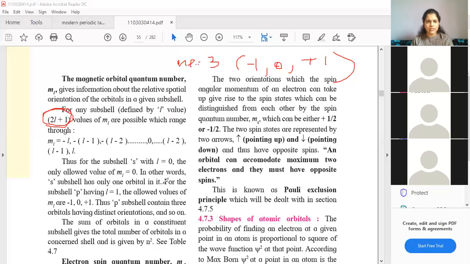See, it is written over here. You can mark this example for P if you want. Just mark this much part. For subshell P, L is 1. So 2L plus 1 is going to give you how many values? 3 values. 3 values means 3 orbitals. But what are the values exactly? You have to write the values by looking at this range.